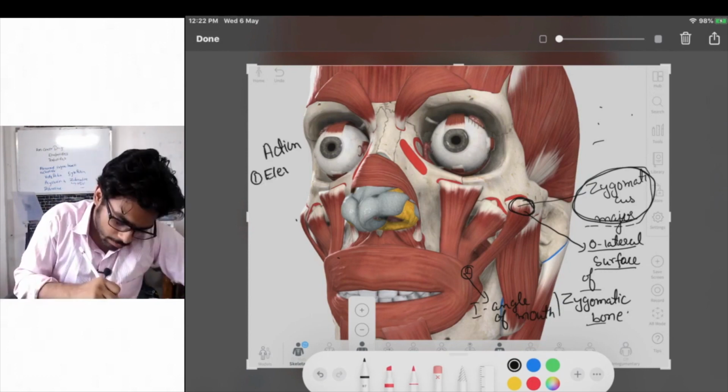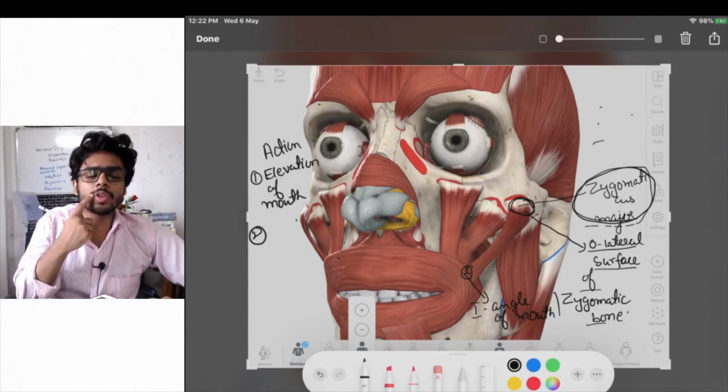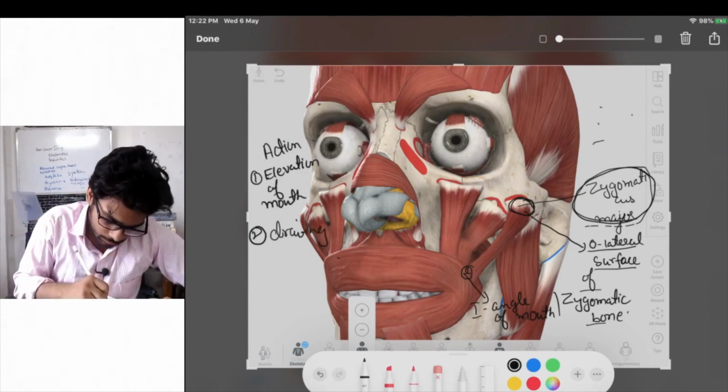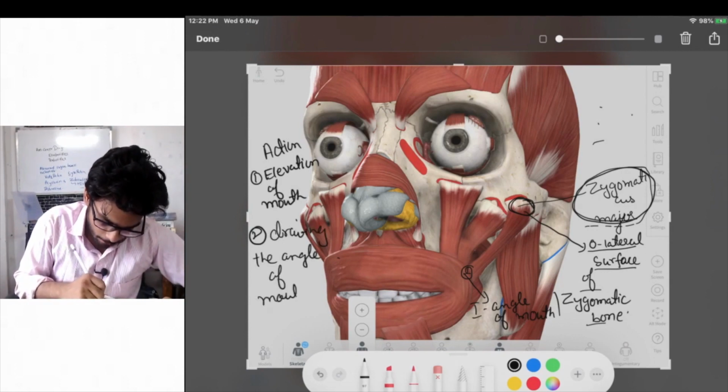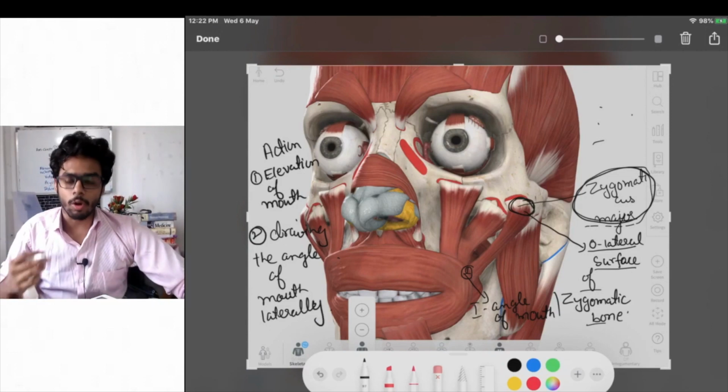First is elevation of the mouth, and the second is it draws the angle of the mouth laterally. This is the angle of the mouth, and when you do this movement, you are drawing the angle of the mouth laterally. Am I clear? So this was the description of the zygomaticus major.